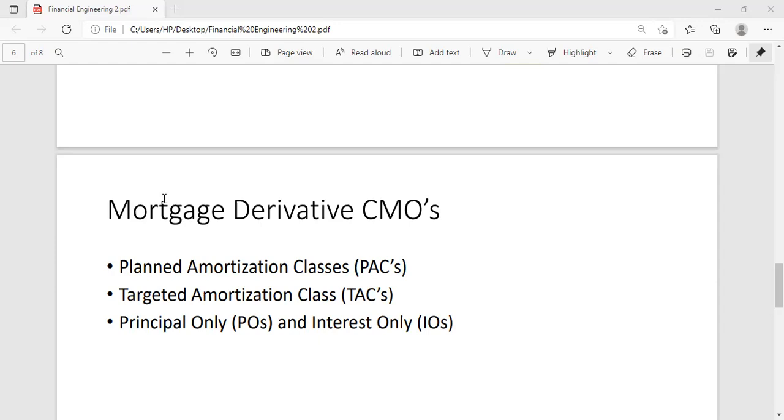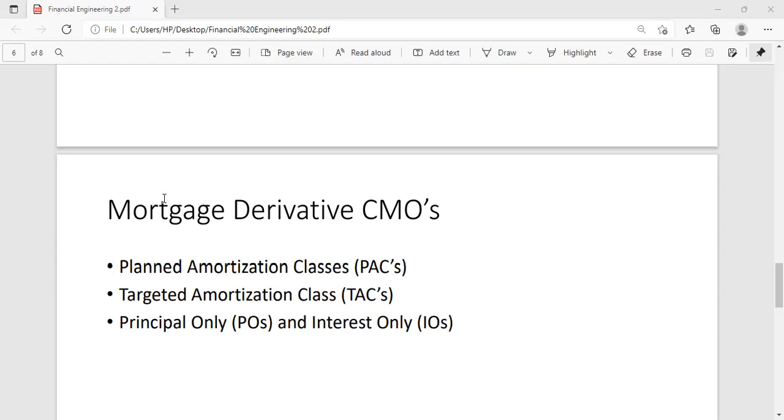The third one is principal only and interest only. In that case, the issuer of CMOs separates the obligations in terms of principal only and interest only. In the interest only case, some of the securities are created to separate the principal component and interest component of the mortgage.